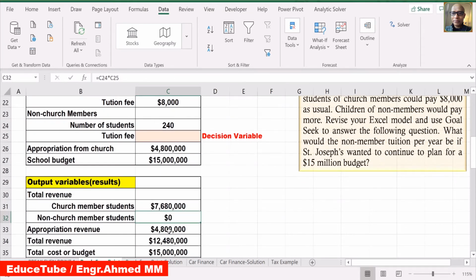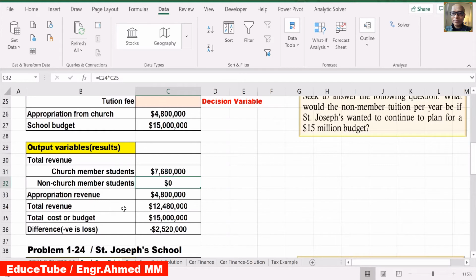Total revenue is just adding these three, the sum from here to here. Total cost is nothing but the school budget. The difference between these two will be minus 2,520,000. So it is a loss.